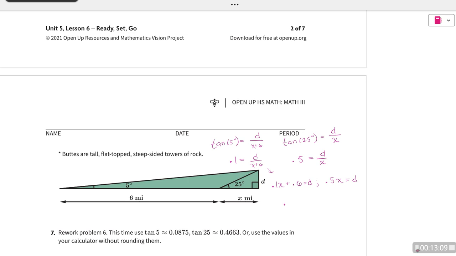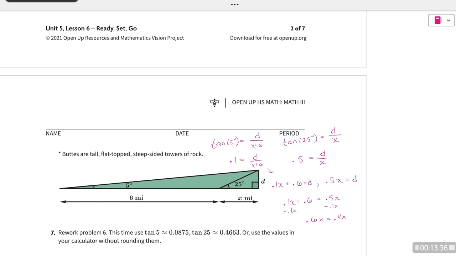I can say that 0.1x plus 0.6 equals 0.5x. So now I want to isolate the x, so let's move this 0.1x over. We're going to subtract it from both sides. So we have 0.6 equals 0.4x.